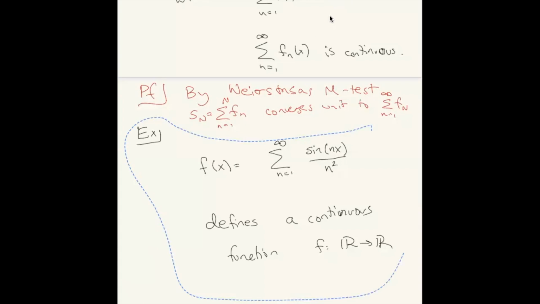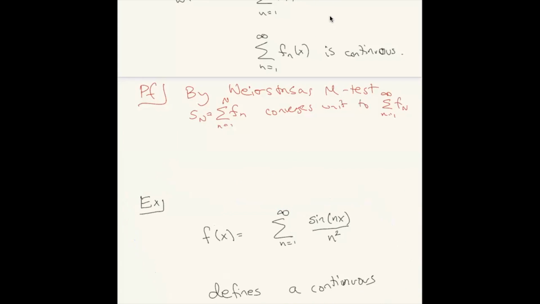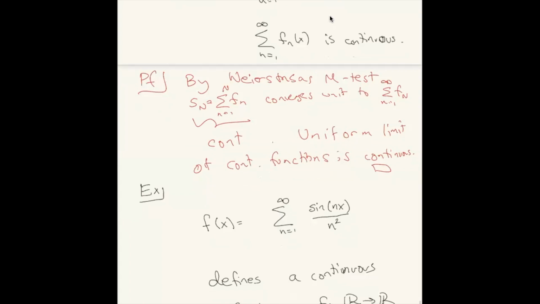Each of these partial sums is continuous, so you're good. A uniform limit of continuous functions is continuous, by the theorem again.